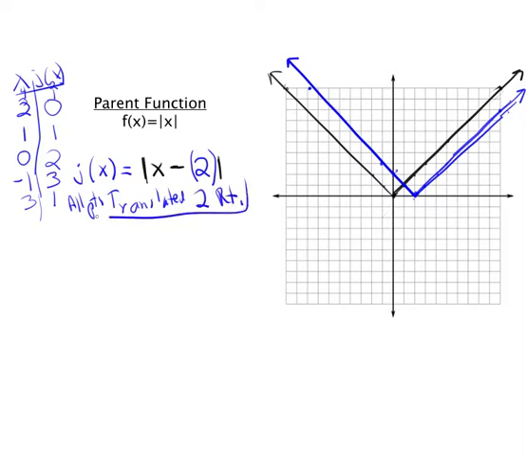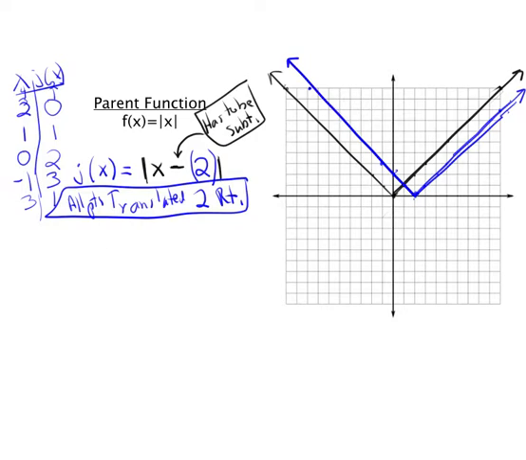I want to make sure it's very clear that we're moving to the right. Now, why is that? Well, in the past we've looked at how this has to be subtraction inside the absolute value. Not on the outside, but on the inside, it has to be subtraction.